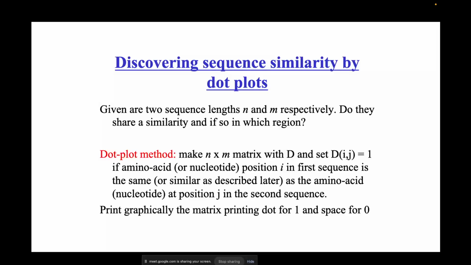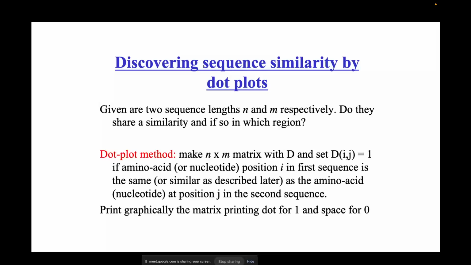Right. That's the n by m matrix. Now, inside the matrix, the values will be determined by whether at position i of protein A and position j of protein B there is the same amino acid.